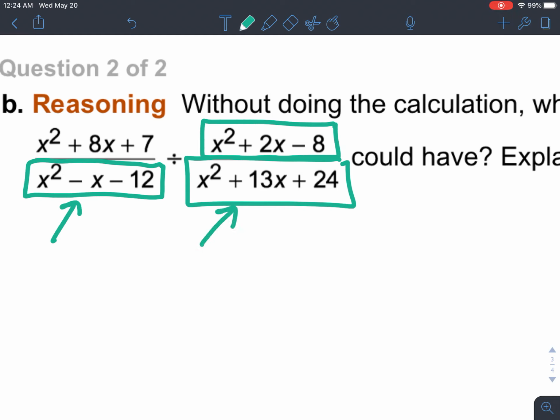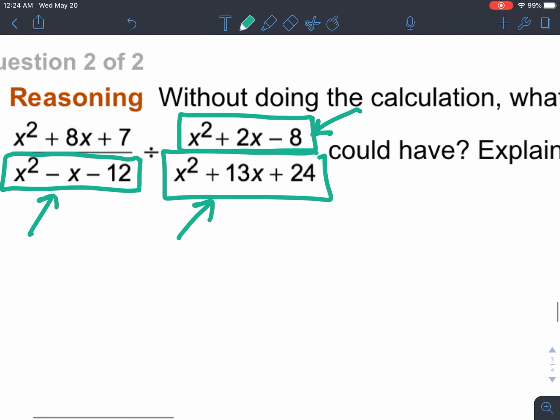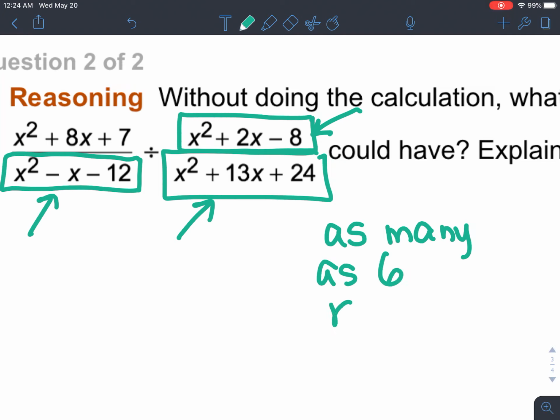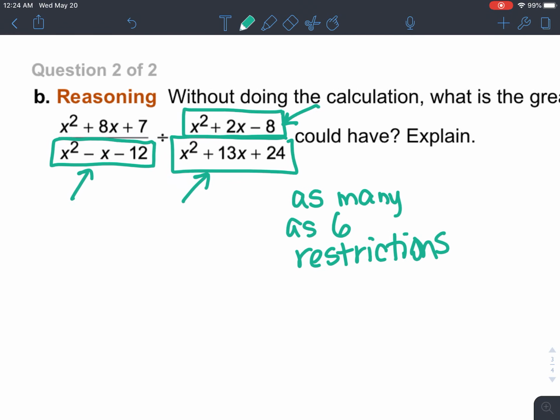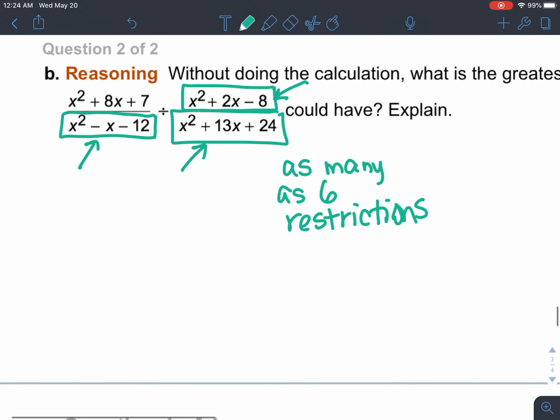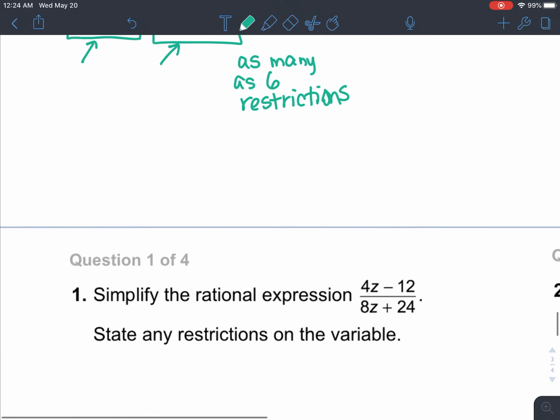That could have two numbers that x can't be. And so could that. So I think that's a total of 6. There could be as many as 6 restrictions. But of course, if some of these factors cancel, then you won't have as many because some of them will be repeated.